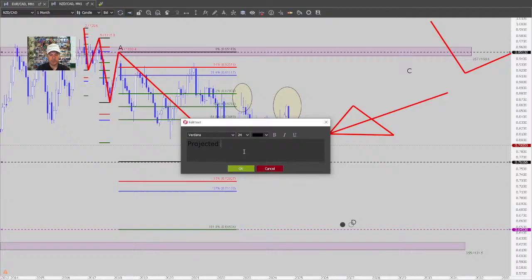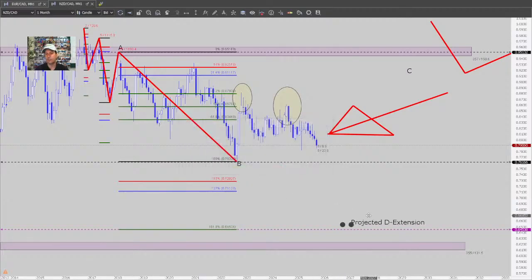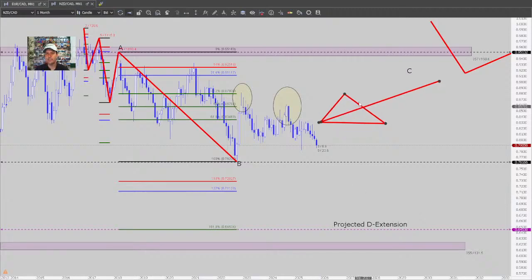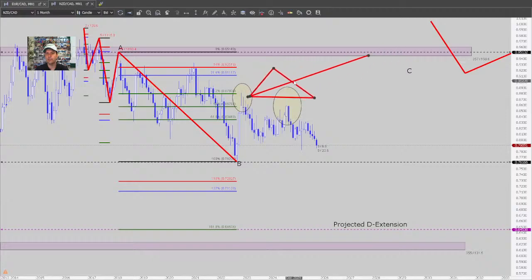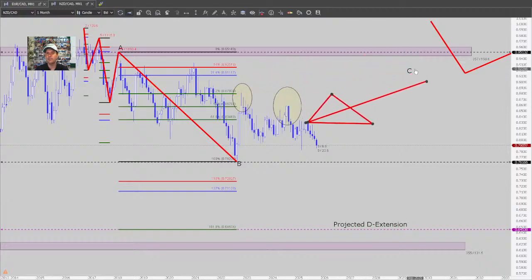Everybody, you're going to see in the Fibonacci mastery extension how trading Fibonacci is relatively easy. Which one is the C, everybody? First circle, second circle. Which one is the C?